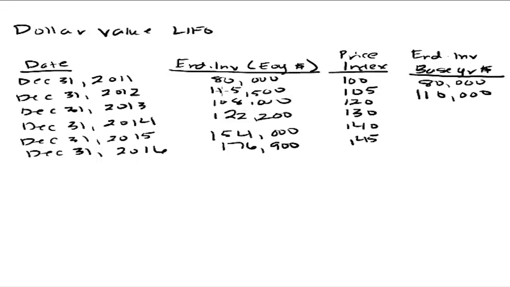For 2013, we had 108,000 and that's a 120 price index. So we're going to divide it by 120%, or 1.2, and that's going to give me $90,000. For 2014, again, same process, different numbers. You're going to find this to be $94,000.